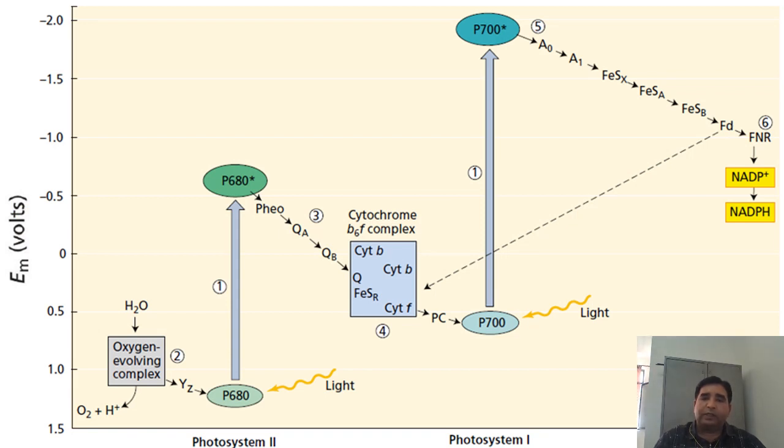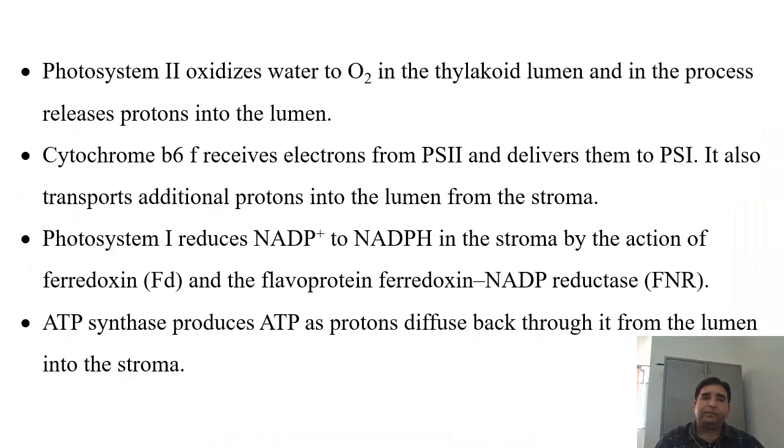This is another sketch of the light reaction, also known as the Z scheme because it looks like a Z. This is the summary. In step 1, photosystem 2 oxidizes water to oxygen in the thylakoid lumen and in the process releases protons into the lumen. In step 2, cytochrome b6f receives electrons from photosystem 2 and delivers them to photosystem 1.